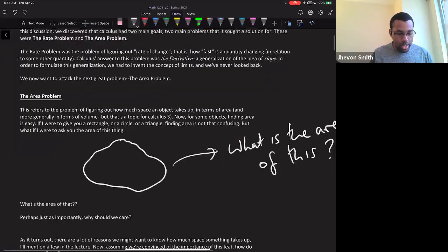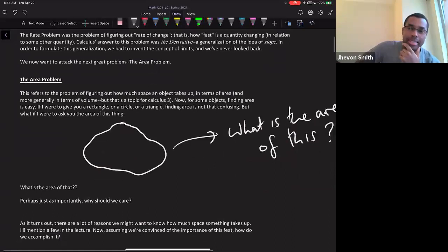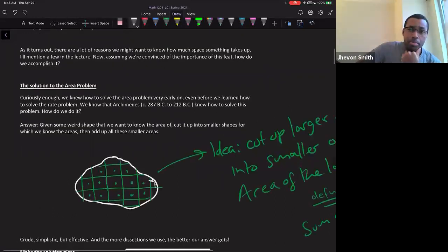Well, it turns out the solution to the problem is pretty basic in the sense that it's been solved for a long time. I'm talking over 2 millennia ago. We have evidence that Archimedes, back in 200 plus BC, was solving the area problem. The solution has been around for a long time.